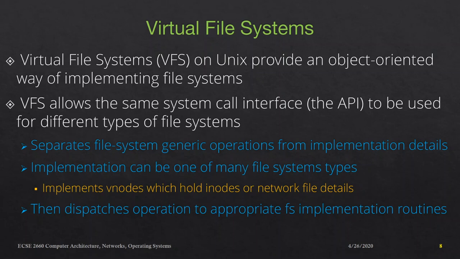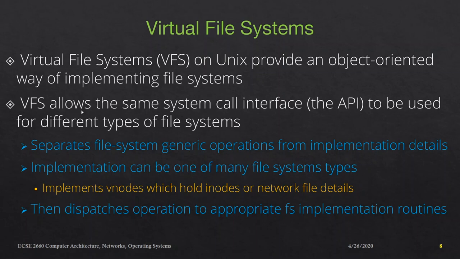Unix inodes are unique only across a single file system and certainly do not carry across a networked file system. So we need another data structure called vnodes that allows us to carry the file metadata information across different file systems.